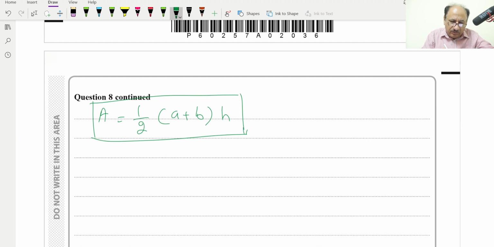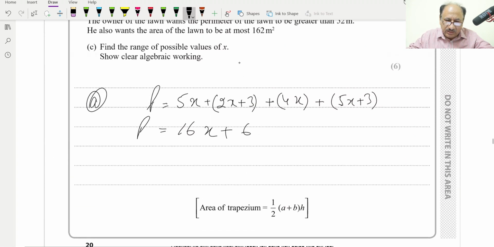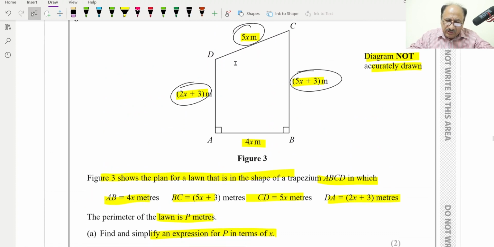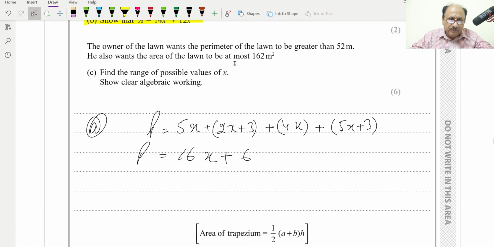So area is equal to 1 by 2 into a plus b, the parallel sides. The parallel sides are this one and this one: 5x plus 3 plus 2x plus 3.